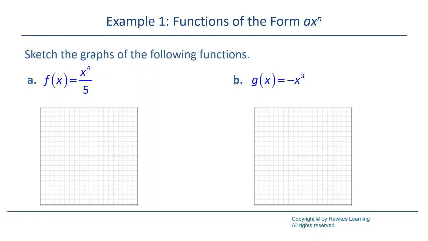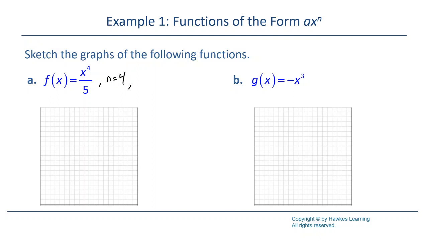Now, one thing to keep in mind is what happens if we play around with these values. Remember our previous one, let's identify first for A: what is n equal to? Well, n is our exponent and it's equal to 4. What's A equal to?